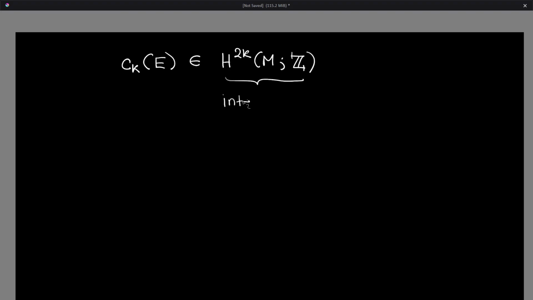Now, one thing that I want to make clear is that the fact that the Chern classes are de Rham cohomology classes is incidental. They're actually more fundamentally elements of H^2k(M; Z), where Z is the integers, and these are called integral or integer cohomology classes.